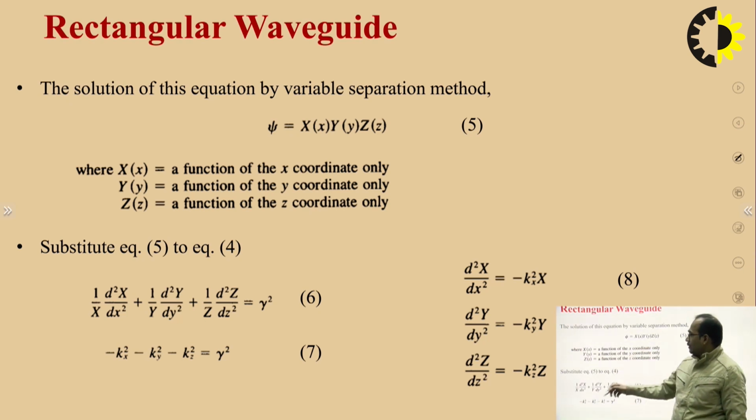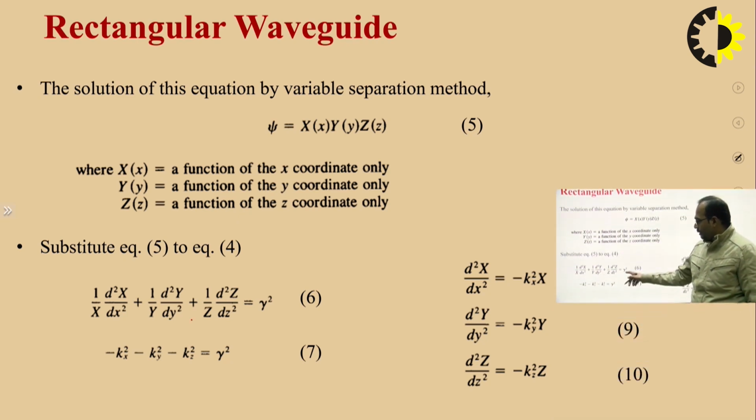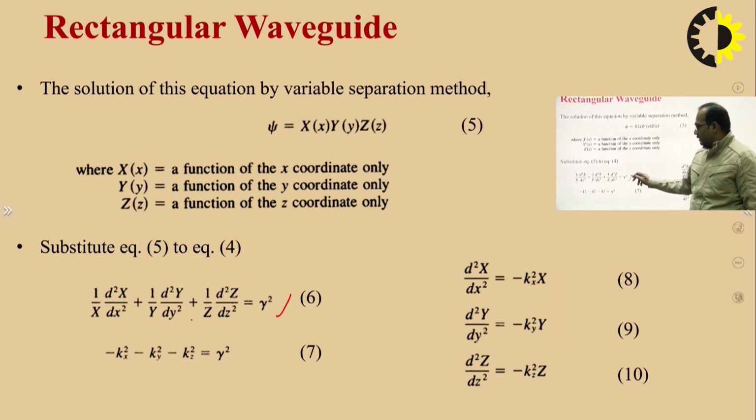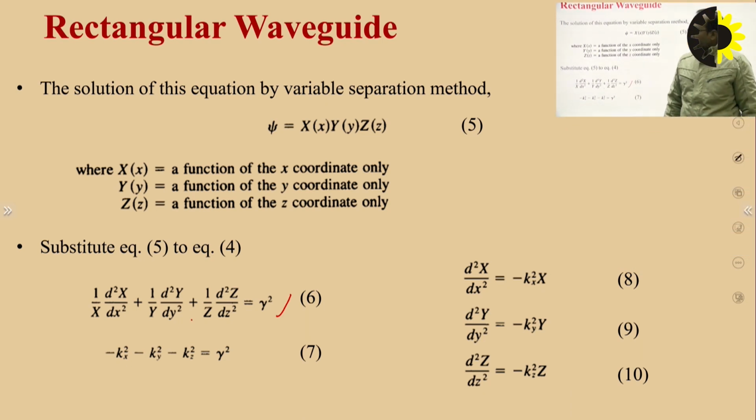I will get here 1 by X d square X by dx square plus 1 by Y d square Y by dy square plus 1 by Z d square Z by dz square is equal to gamma square. This is nothing but minus kx square minus ky square minus kz square is equal to gamma square.